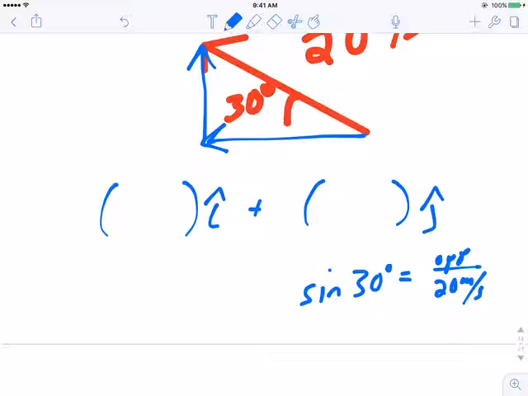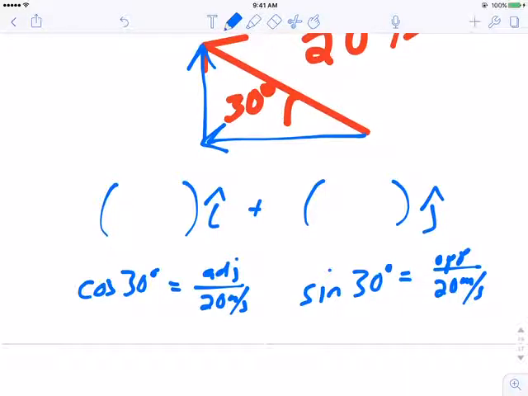And then we're going to say cosine 30 is equal to the adjacent side over 20 meters per second. And I kind of glossed over this quickly, but the adjacent side is along the x-axis, so that's going to go next to my i hat.